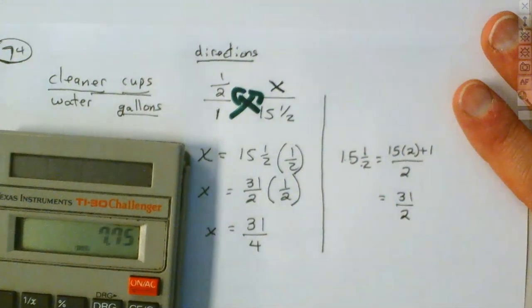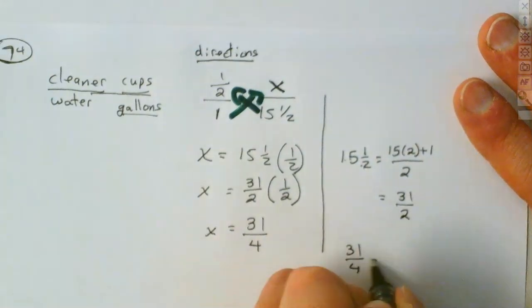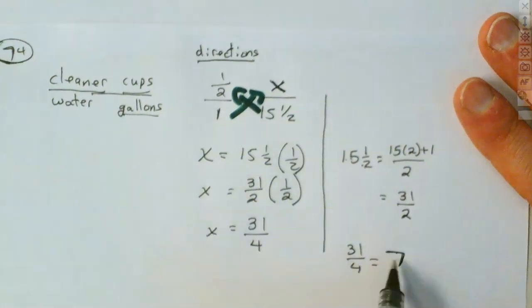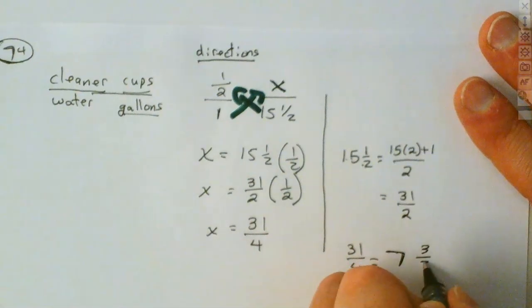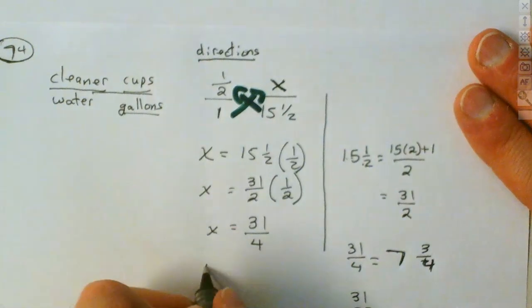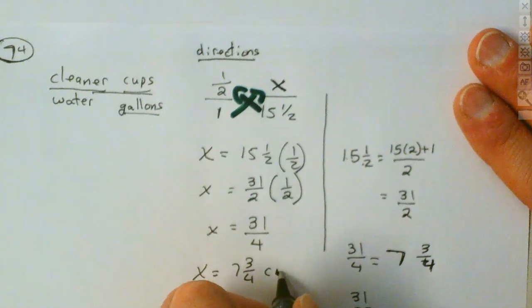What is that? 7.75. So that's 7. So 31 over 4 is going to come out to be 7. And then what's my remainder? Okay, 31. 7 times 4 is 28. So 31 minus your 28, that makes it then what? 3. So that's 7 3/4. So what do I need? I need 7 3/4 cups.